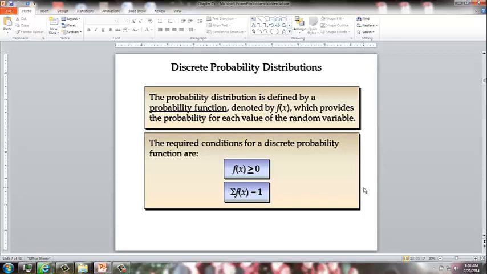Just a brief review. The probability of any outcome is greater than or equal to 0. And the sum of the probabilities of all outcomes should be equal to 1. And that's exactly what a probability distribution function does, or a probability function. It's a box, it's a formula where you put in an outcome, 3, and out pops what is the probability of getting 3. And of course, if you exhaust all possible outcomes, all those probabilities that have been spat out should add up to 1.